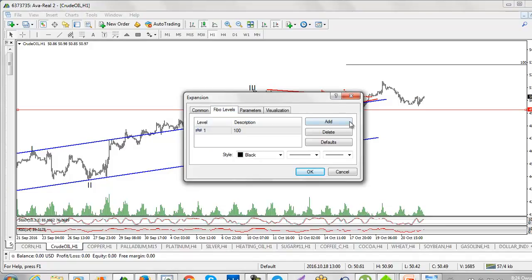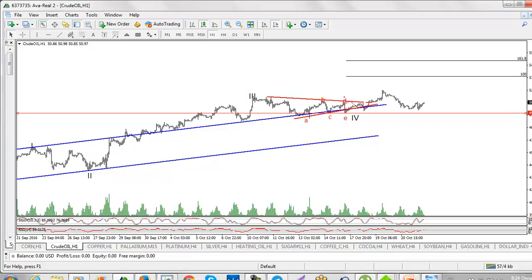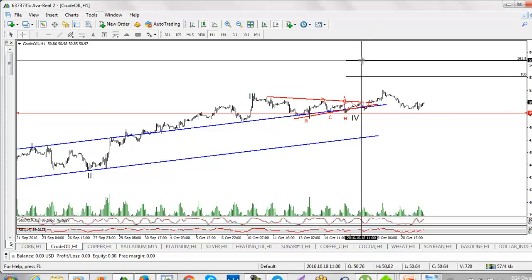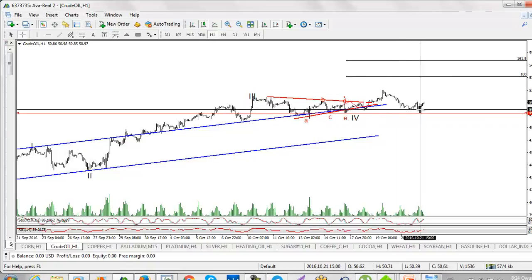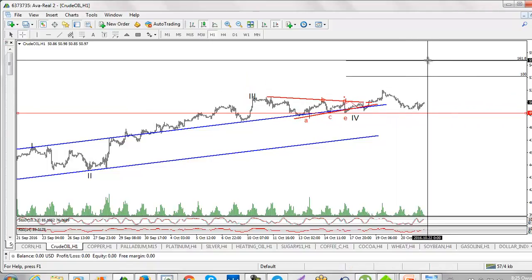So let's add 1.618. We may see price getting above $55. Okay, we may see price actually going above the $55. So this is the first wave, the second wave, the third wave may get to $55.